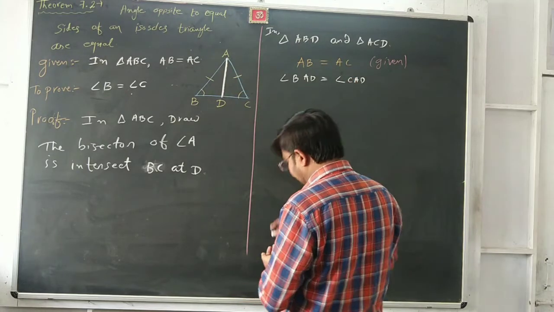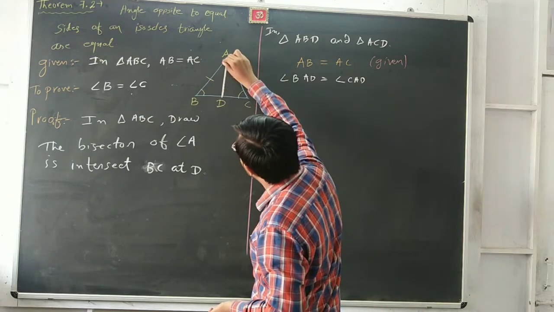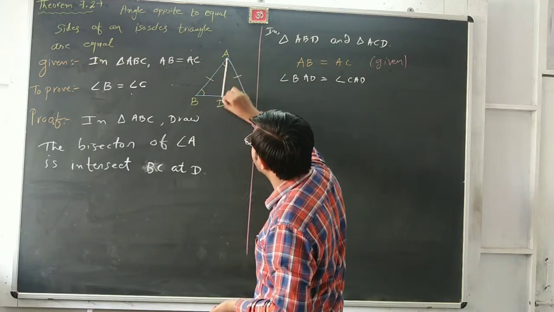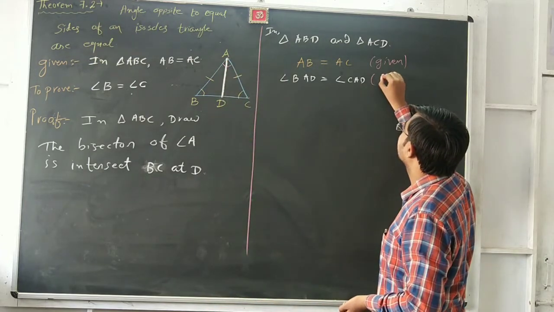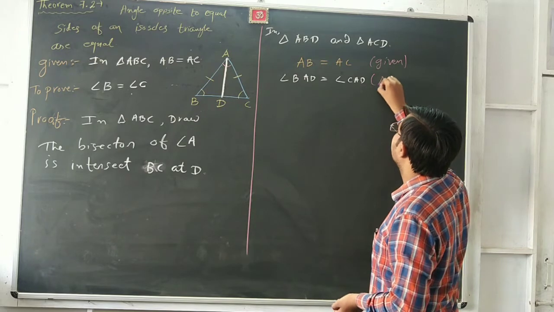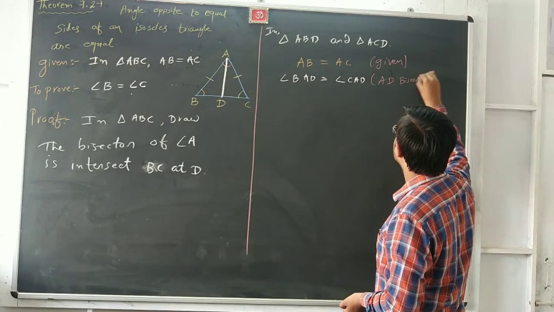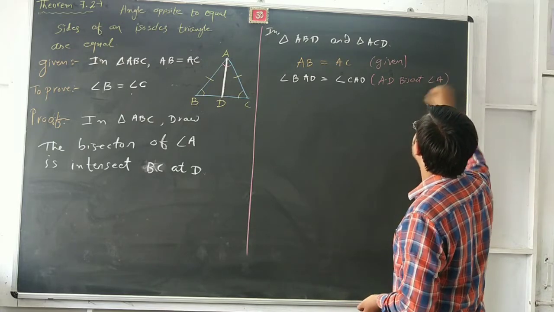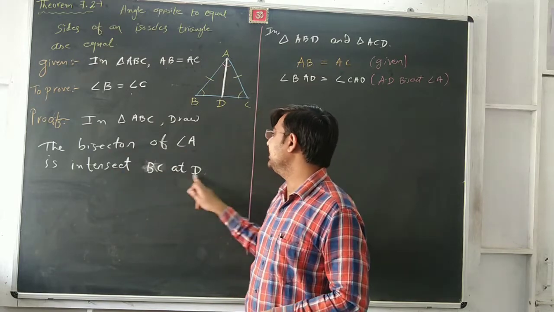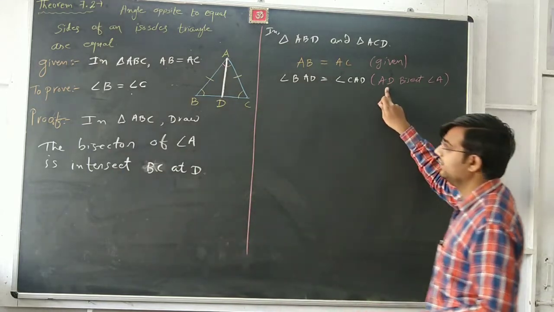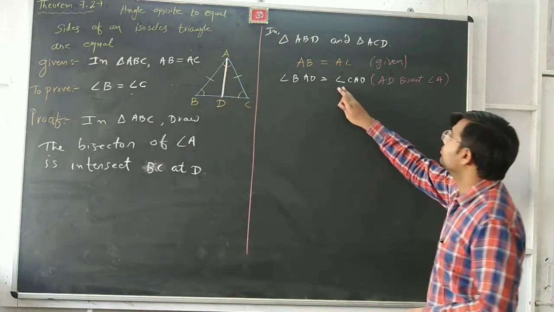Why? BAD means this angle and CAD means this angle. Both are same. Why? Because AD bisects angle A. We drew the bisector of angle A intersecting BC at D. So bisector AD bisects it.